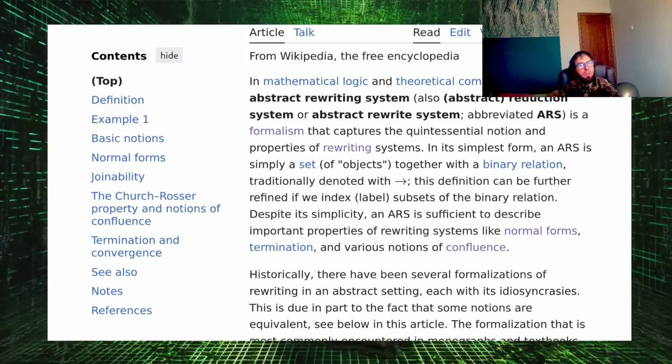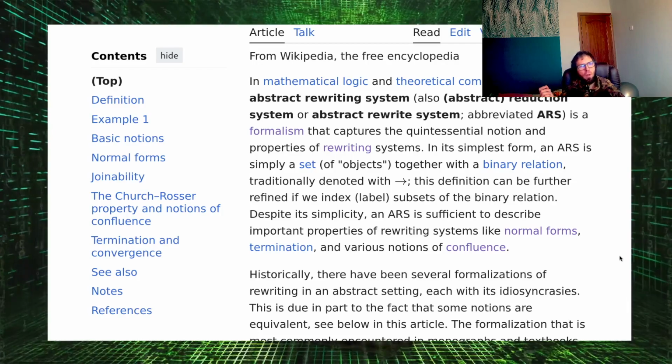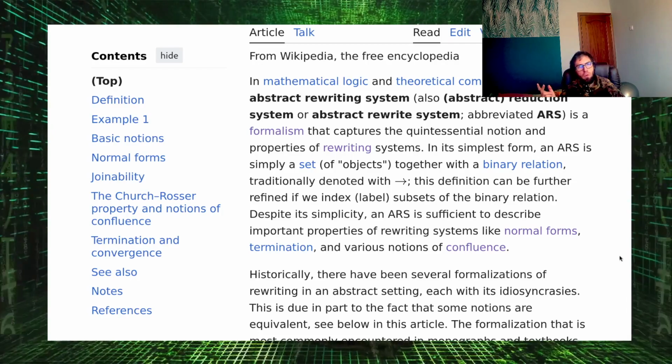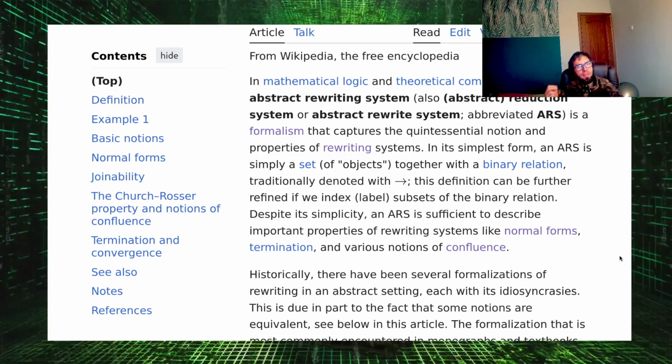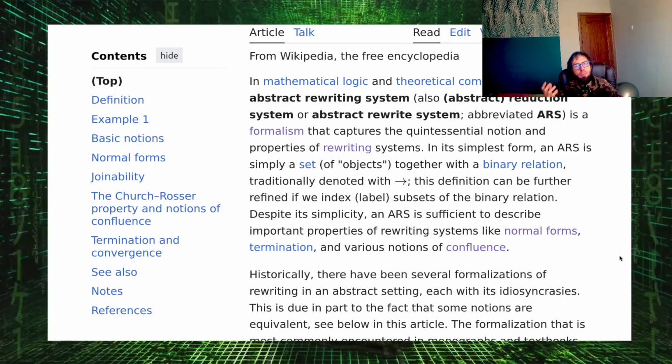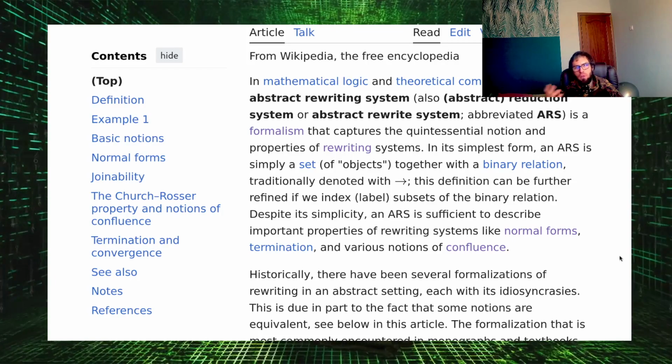Abstract rewriting system is the formalism that captures the quintessential notion and properties of rewriting systems. In its simplest form, an ARS is a simple set of objects together with some binary relation on these objects, traditionally denoted with this arrow.